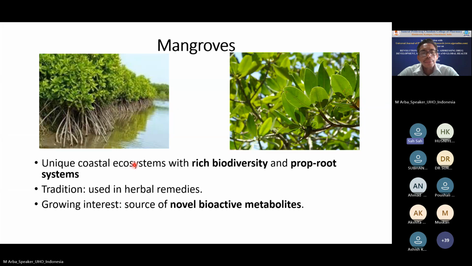Now we proposed the mangrove, a unique coastal ecosystem with rich biodiversity, used in herbal remedies as a tradition, and many researchers have studied the mangrove as a source of novel bioactive metabolites.